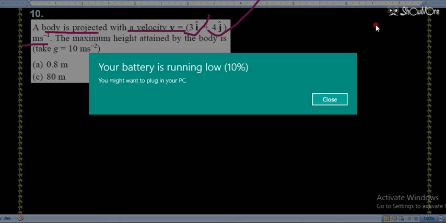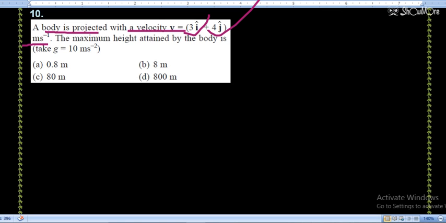Wait for 1 minute please. So now the system is okay.